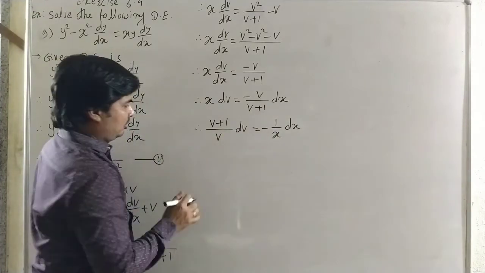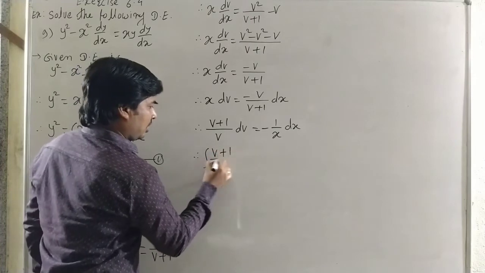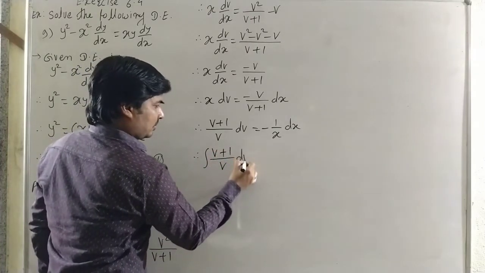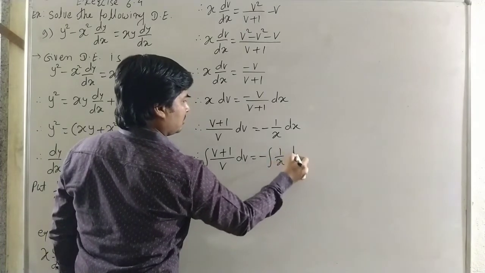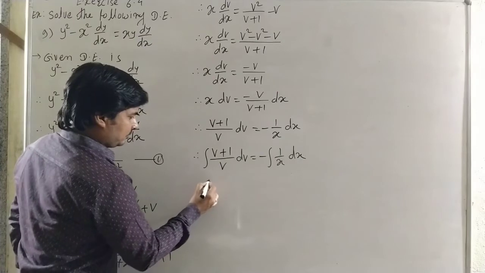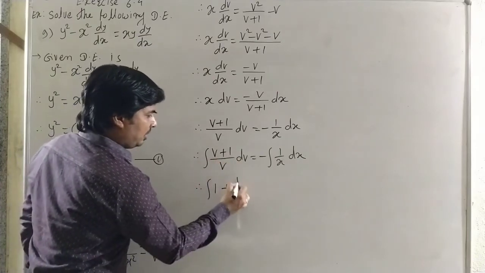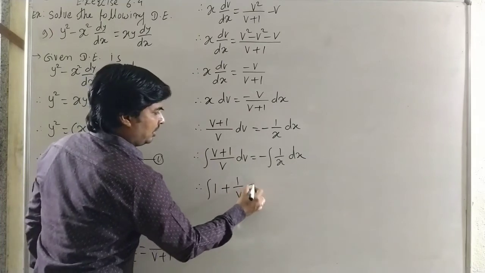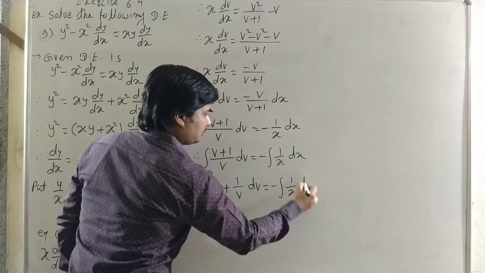Now taking integral on both sides, integral of phi plus 1 upon phi dv is equal to minus integral of 1 by x dx. Now separating this denominator, it is phi upon phi, which is 1, plus 1 by phi, dv is equal to minus integral of 1 by x dx.